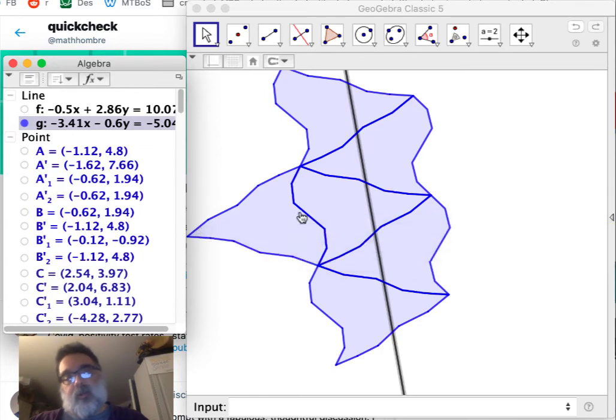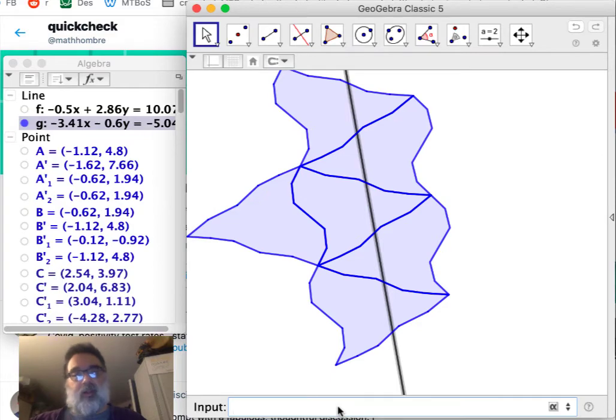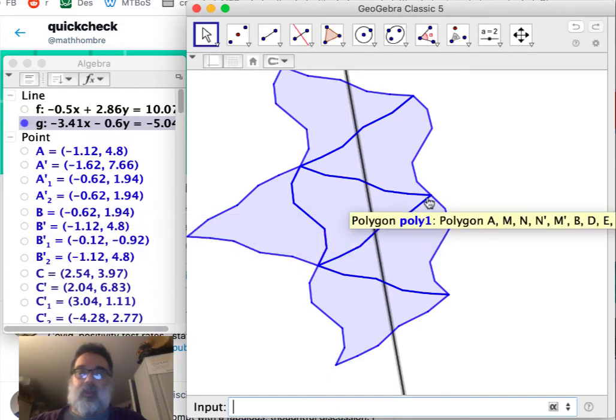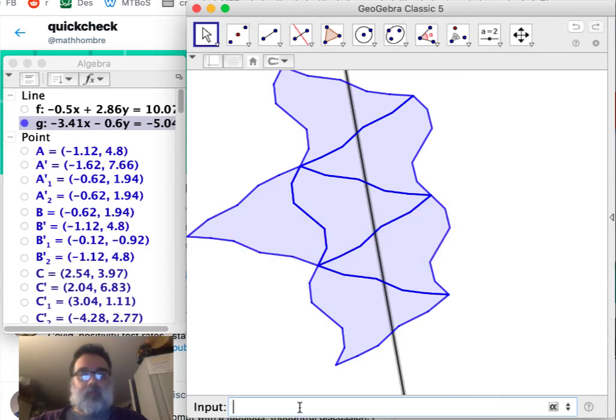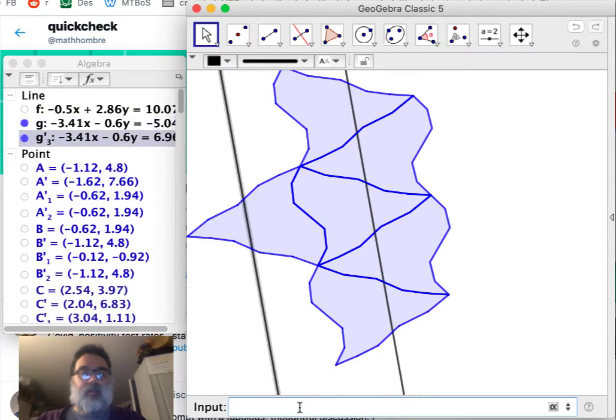Or I could make another perpendicular bisector from H and the transformation of point A. So the vector should just be from the apex of the triangle to that midpoint on the base. So I'll try that. So translate, that's line G, and the vector from C to H. Looks like it's in the right spot.